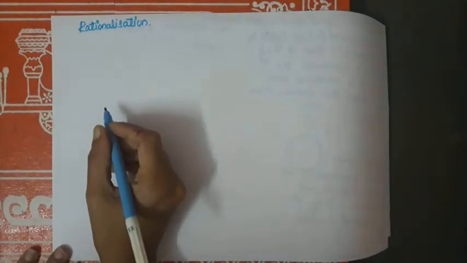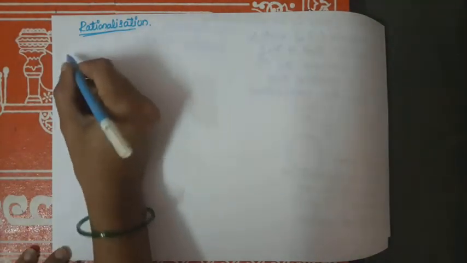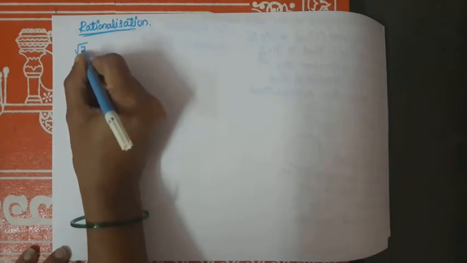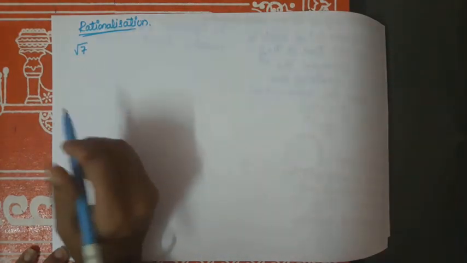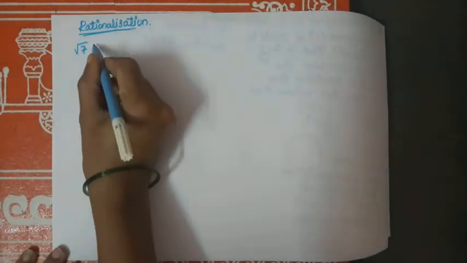So here we will learn the basics of rationalization. Rationalization is nothing but, consider a number, root 7. Root 7 is an irrational number. We need to make this rational. So what can we do? We can multiply by a number.